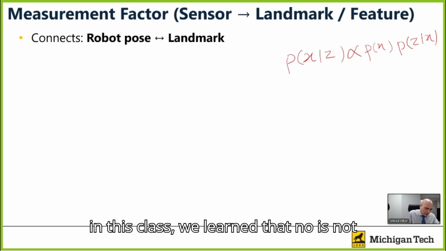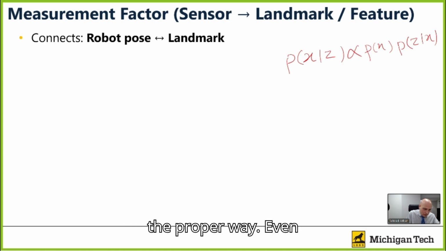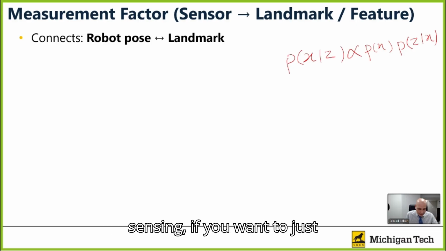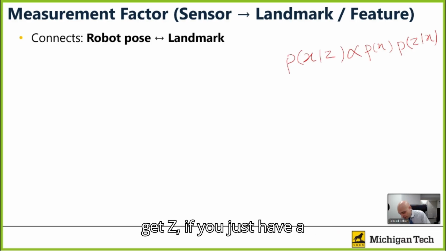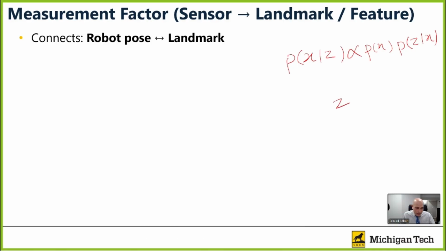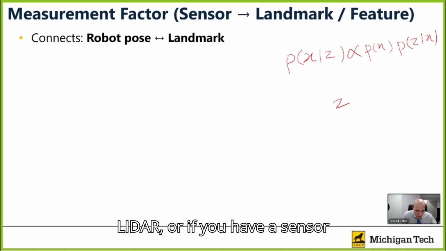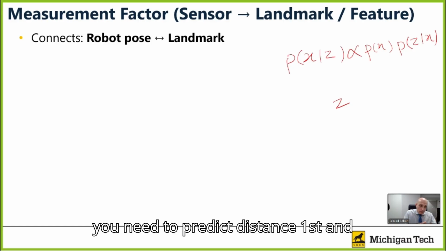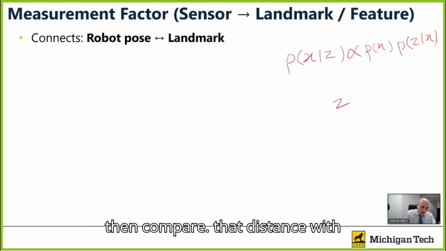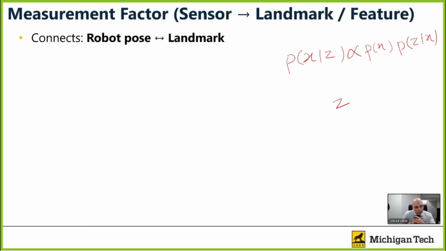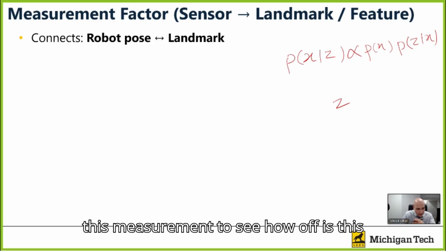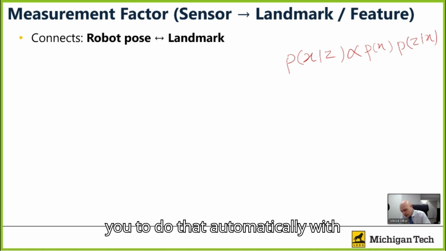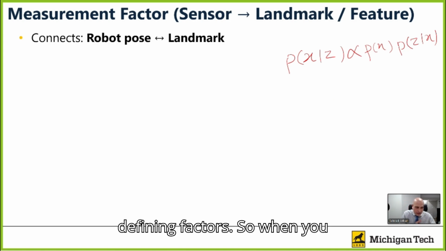But in this class, we learned that it's not the proper way. Even if you just want to use sensing, if you just want to get z, if you have a LiDAR or a sensor that gives you the distance, you need to predict the distance first and then compare that distance with this measurement to see how off the measurement is. This is the way that we do it, and factor graph lets you do that automatically by defining factors.